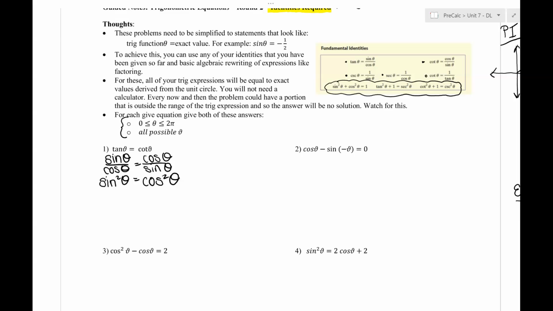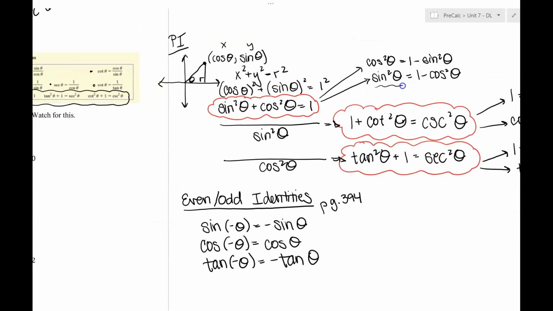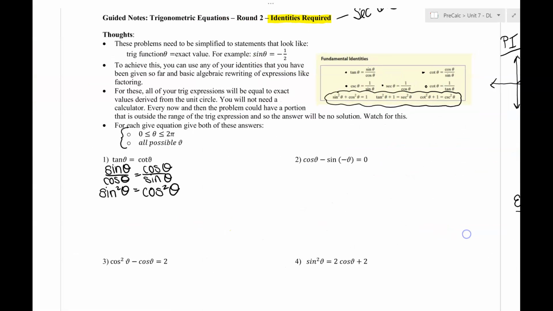So I'm going to change sine squared theta to be 1 minus cosine squared theta, and that's equal to cosine squared theta. I now have one trig function, which is great, because if you have numerous, like at the beginning, tangent of theta equal to cotangent of theta, I'm going to have to do a lot of guess and checking, right? If they're all the same trig function, it's a lot easier for us.